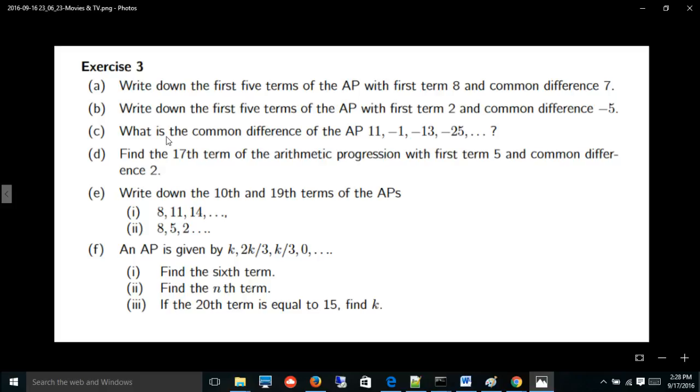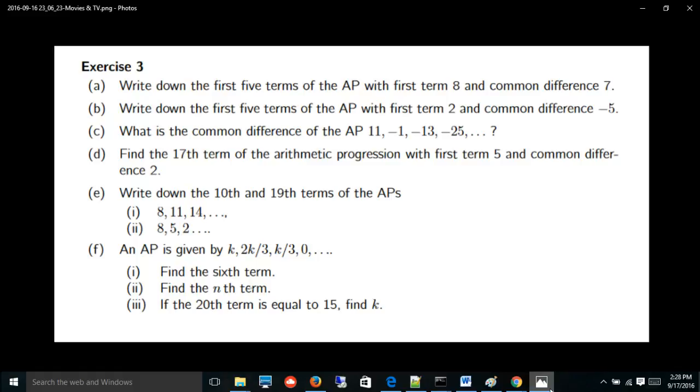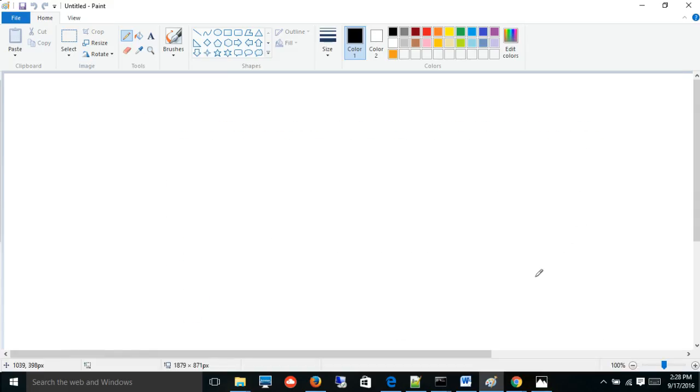And they are looking for the 17th term only. They don't want the AP. They want a specific term, the 17th. So we will calculate here. What do we know here? What are the inputs? A is 5.